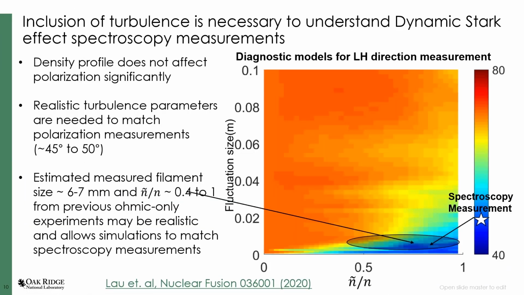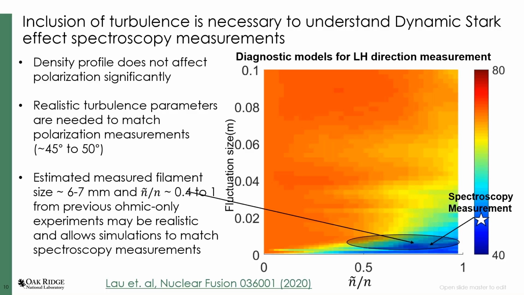This is where we combine the simulations with the measurements. On the right here, we show a simulation color plot where the x-axis is the density fluctuation amplitude, the y-axis is the fluctuation size, and the color represents the angle. If there are no fluctuations, or when n tilde over n equals 0, you can see that the simulation will say something on the order of 70 to 80 degrees.